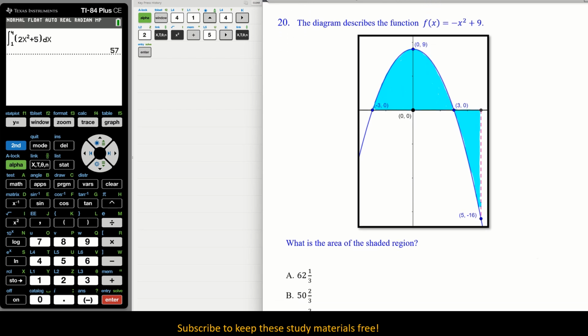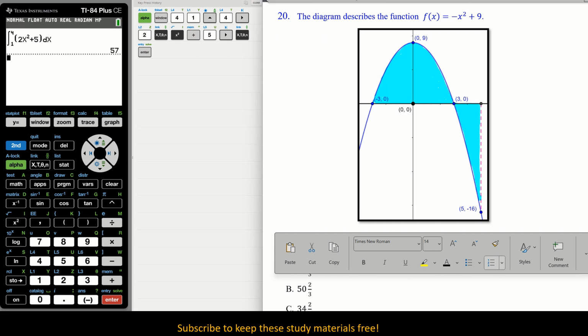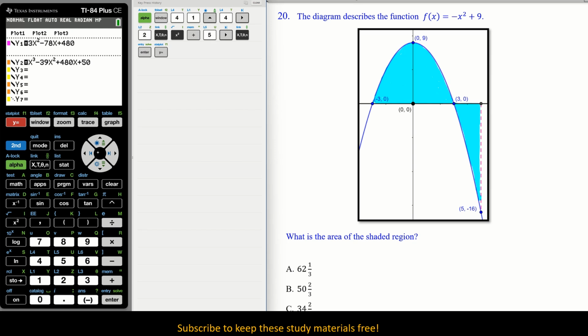Okay. Let's see if we can scoot up enough. So the diagram describes the function. We have a graph and it describes this function. So let's put the function in first. We need that in the calculator. So we need y1, and I'm going to just go ahead and clear these out.